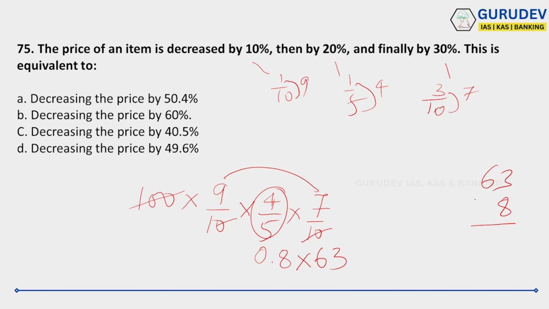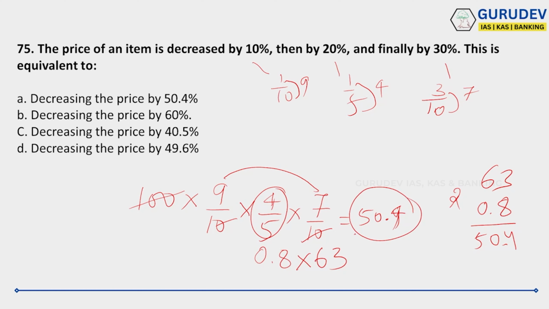So 8 times 3 is 24, 8 times 6 is 48, plus 2 is 50, 5 not 4. But we have a decimal over here, so just go with the decimal point. This will result in 50.4, okay? This is nothing but 50.4, whatever we have to pay to the shop, okay?